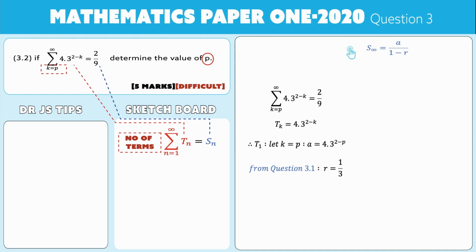Okay, so now we want to know how many terms with these characteristics do we have to add together to get a sum of 2 over 9. So our sum is 2 over 9. Our a value is 4 multiplied by 3 to the power 2 minus p over 1 minus a third.